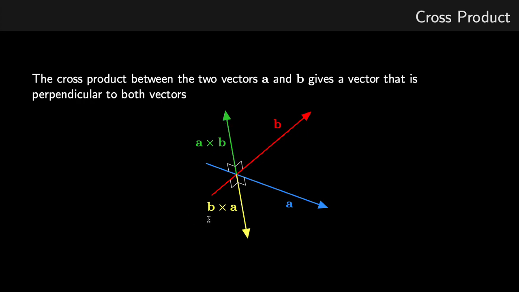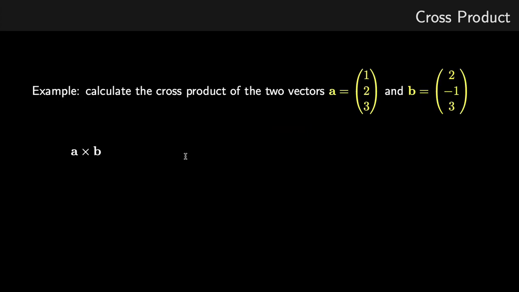If we do b cross a, this returns a vector which is also perpendicular to a and b, but points in the opposite direction. So it's important to note that the cross product is not commutative: if you do it the other way around, it just returns a vector pointing in the exact opposite direction.